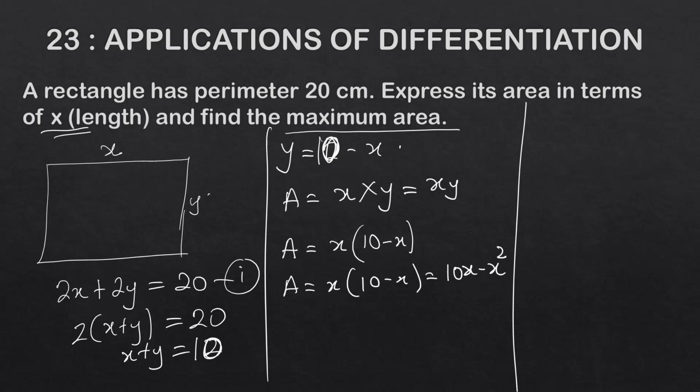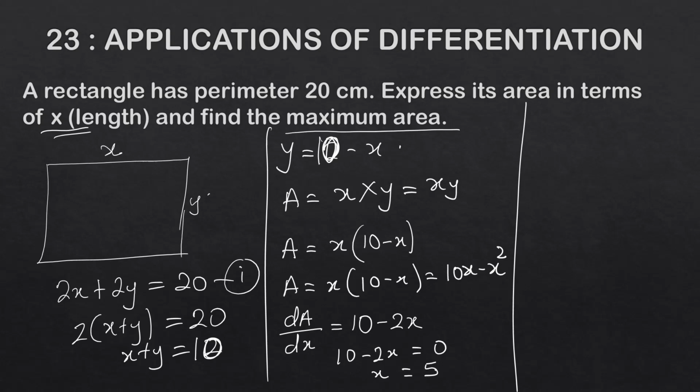So what should I do in order to find my maximum? I'm going to say that dA over dx is going to be 10 minus 2x. Now at maximum, this must be 0. Therefore, 10 minus 2x is going to be 0, so x is going to be 5.